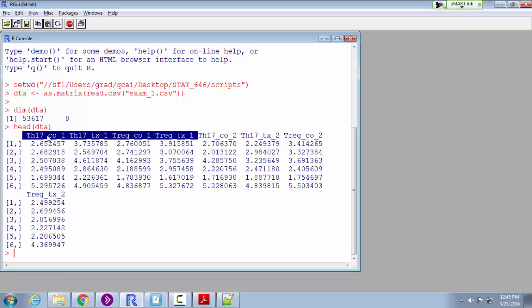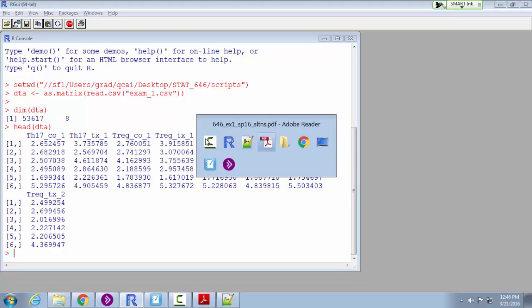So we have Th17 cells from this donor, and some of them were subjected to the control treatment or condition, some were subjected to the treatment condition. And then the last 4 are for donor 2. Okay.